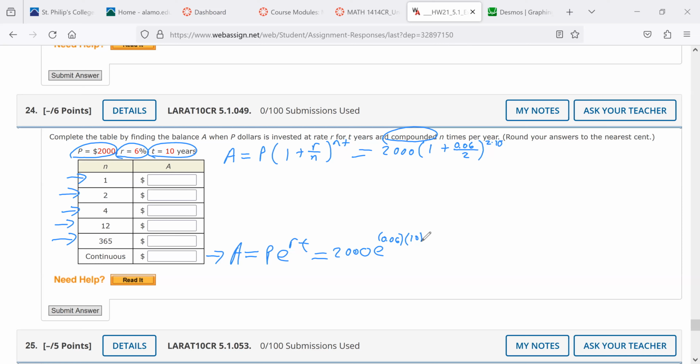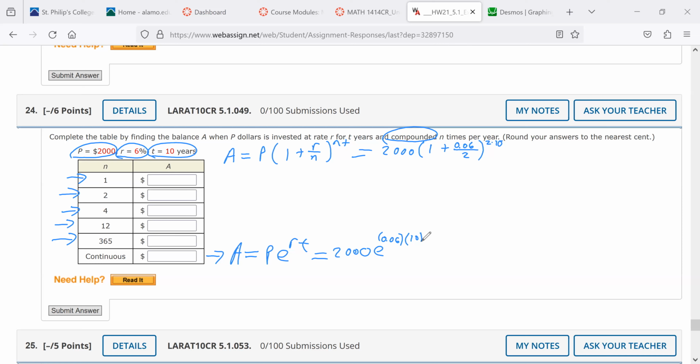Are there any questions on how to input it on the calculator or what the pieces mean? Okay.